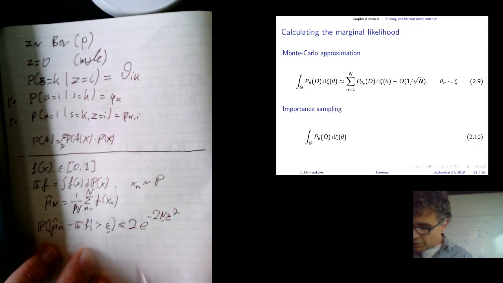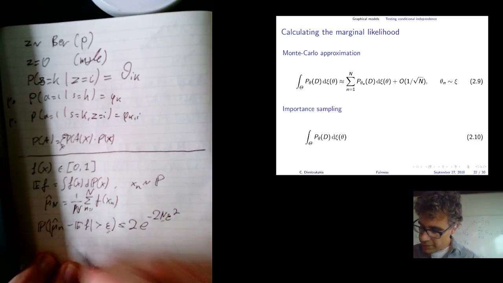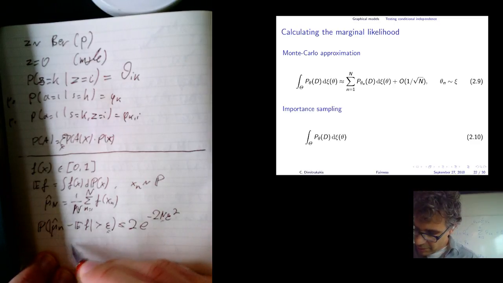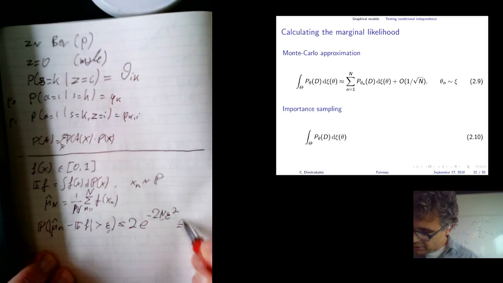You can rewrite this a little bit in another way. Let's call this quantity delta.